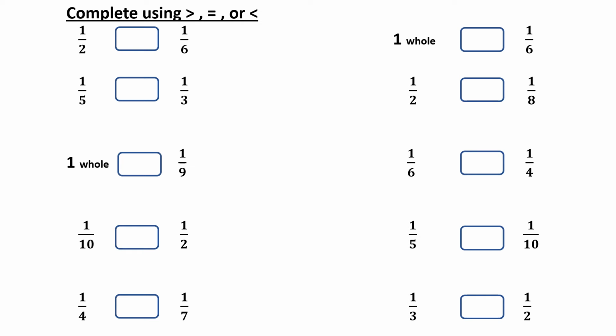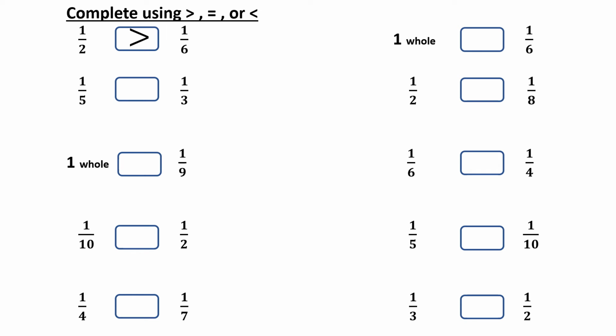Complete using greater than, equal, or less than: 1 over 2 or 1 over 6. Here we have fractions of the same numerator. So these fractions are crazy. So 2 is greater than 6, or 6 is greater than 2. Crazy fractions tell us that 2 is greater than 6.